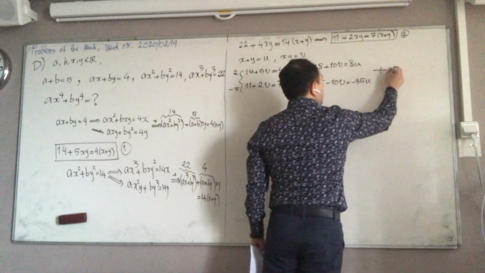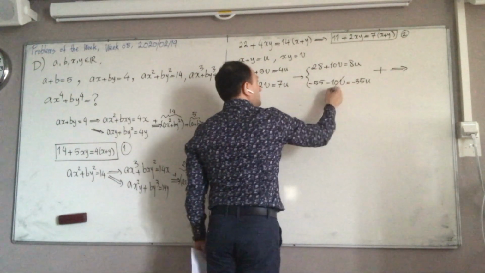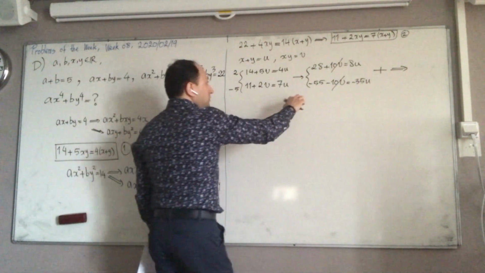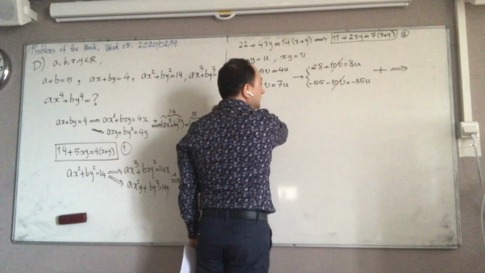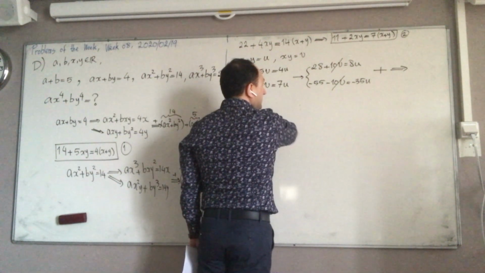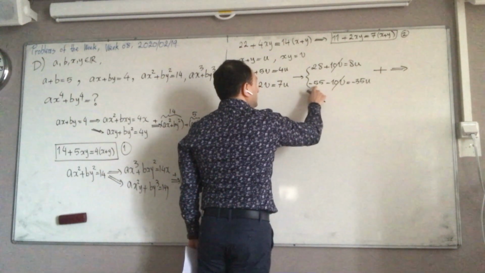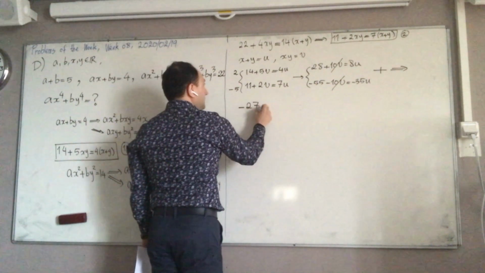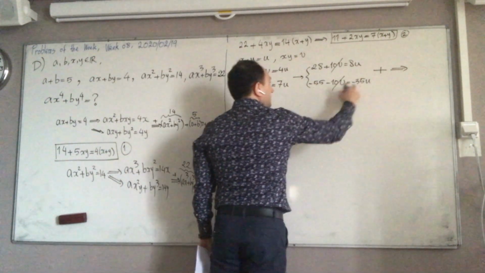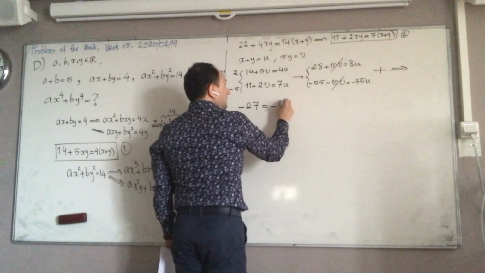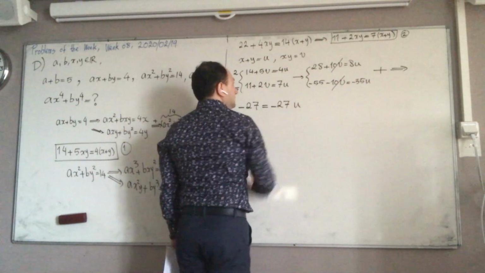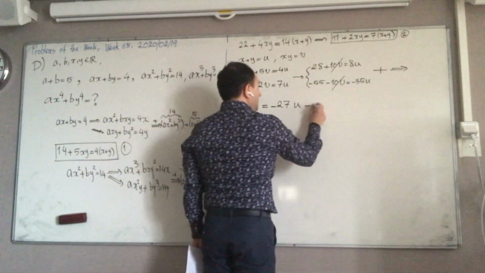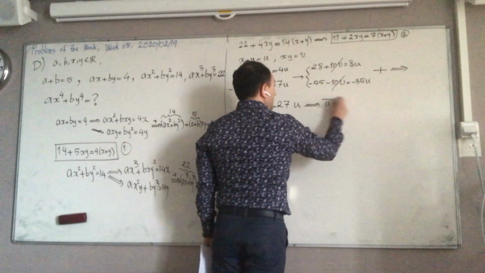And now if I add these two together, this minus 10v and 10v are gone. So how much is left here? It's negative 27 is equal to negative 27u as well. Yes? And then you can immediately see that u becomes 1.